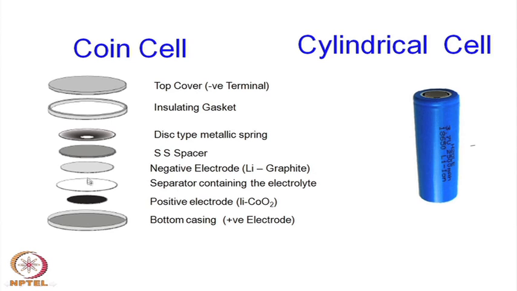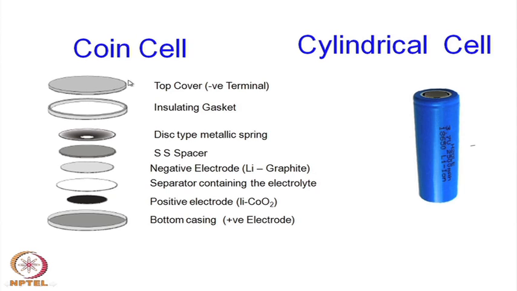And this is the liquid electrolyte, or the porous material soaked in liquid electrolyte. So this sandwich structure actually forms the cell, and these are stainless steel spacers, this is a spring, and finally through this it is connected to the top layer.